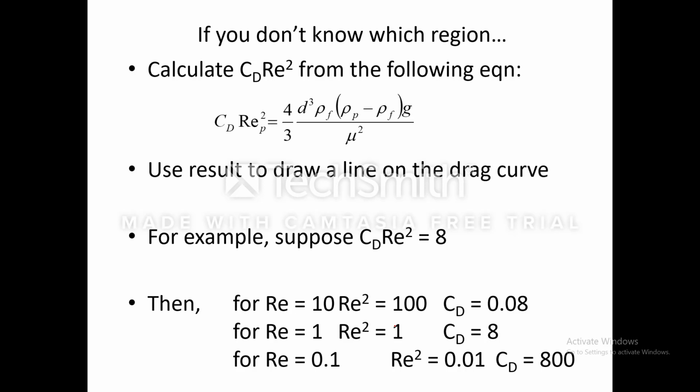If you don't know which region, calculate CD Re squared from the following equations. Use the result to draw a line on the drag curve. For example, suppose CD Re squared equals 8, then for Re equal 10, CD equal 0.08.